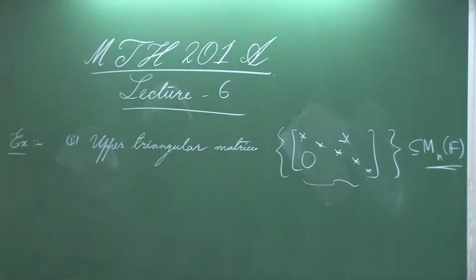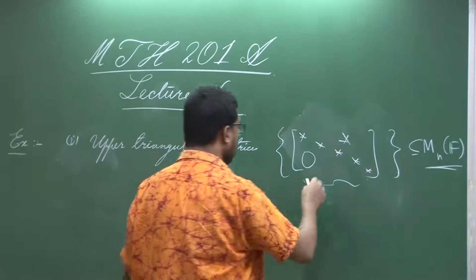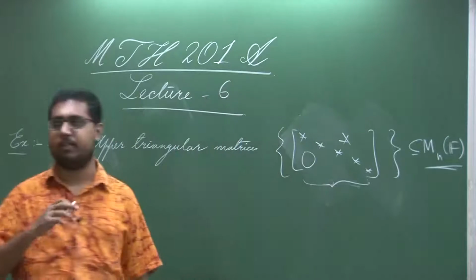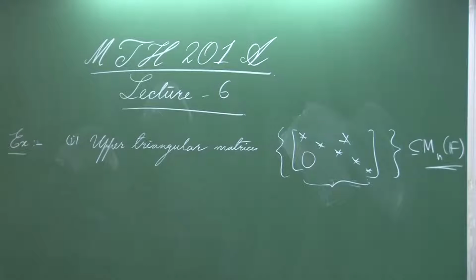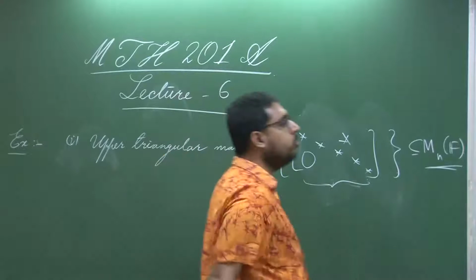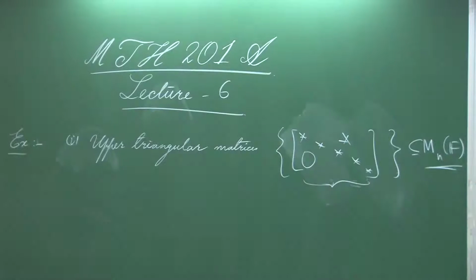And you see, as earlier, here also once you guarantee that given two upper triangular matrices, their sum is upper triangular, and given an upper triangular matrix, when you multiply that by a scalar, it remains upper triangular, once you guarantee these two things, then you do not need to show the other properties which appear in the definition of a vector space.